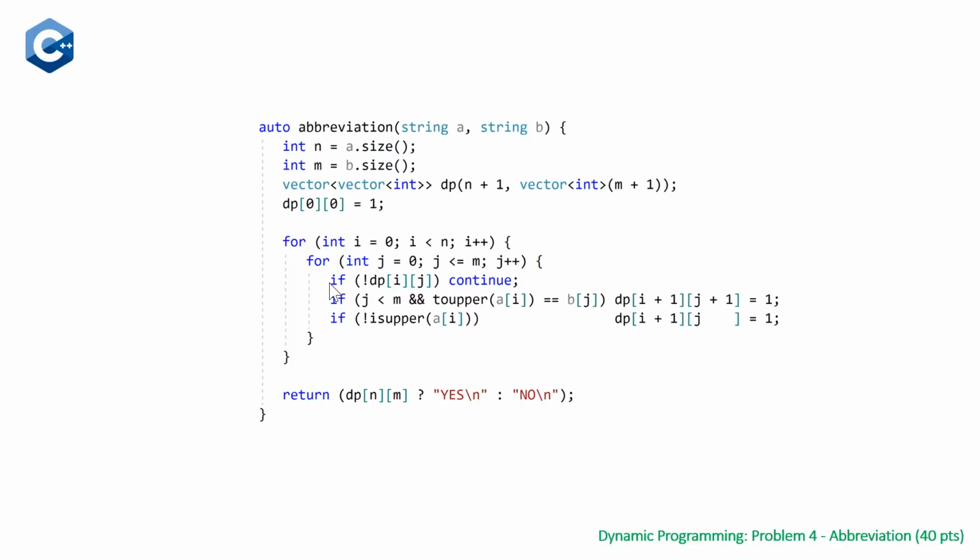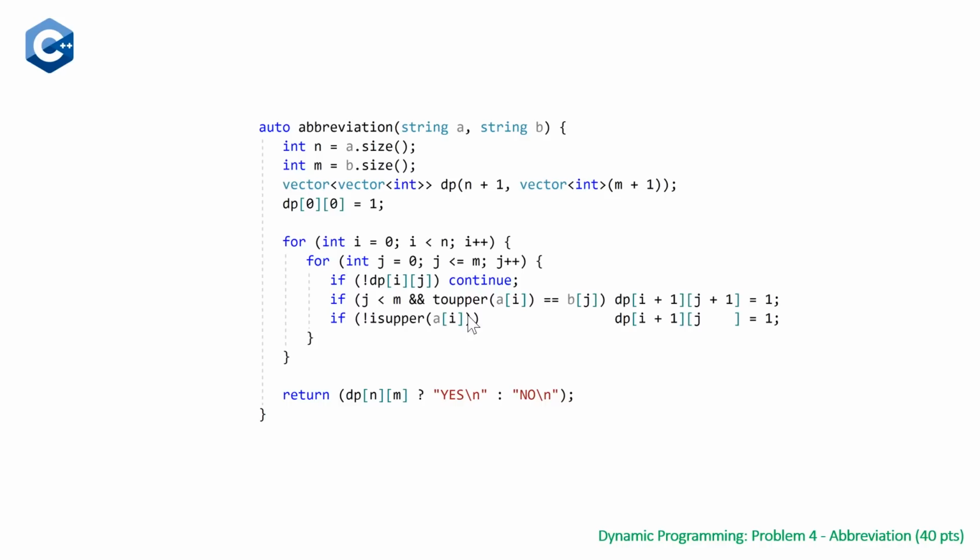Then we have nested for loops here for I less than n and for j less than or equal to m. We're basically checking, were we able to get to this point in time matching? If not, skip to the next iteration. If so, we do our 2 checks.